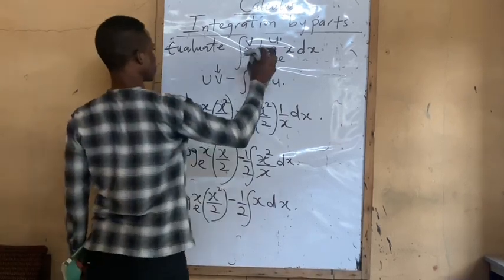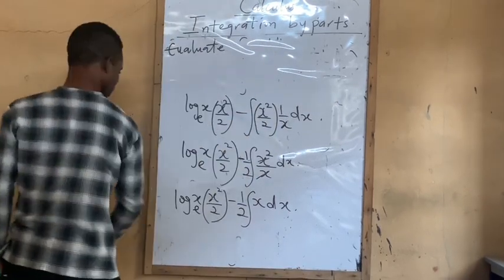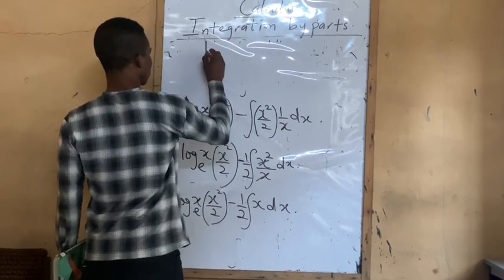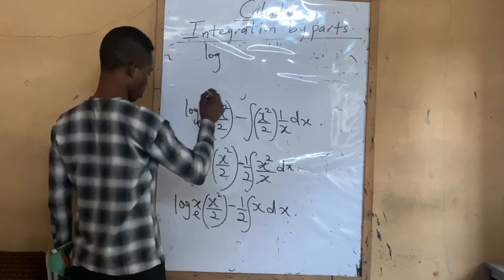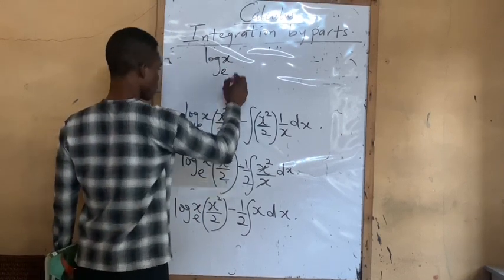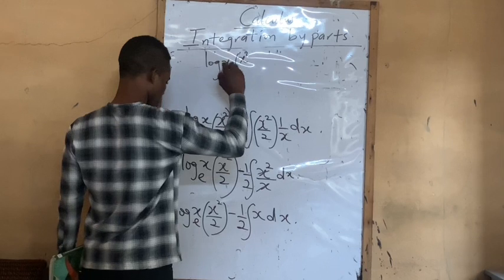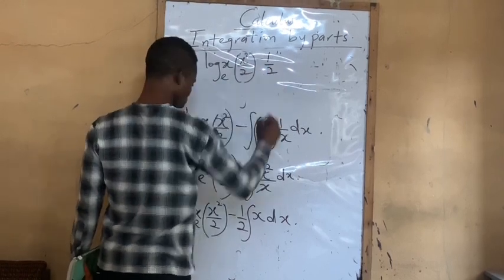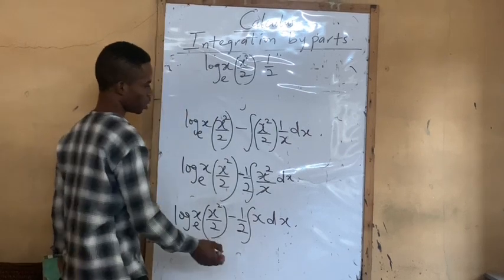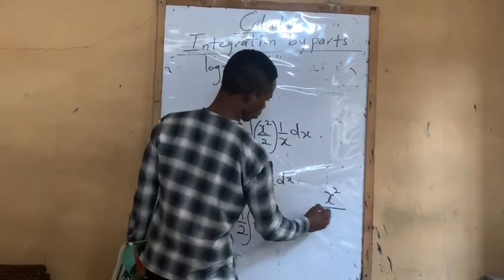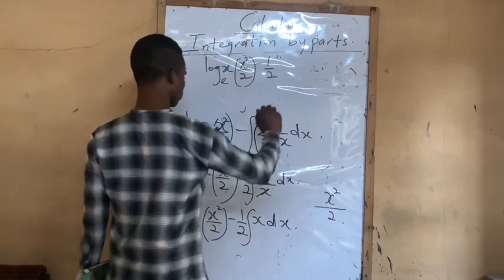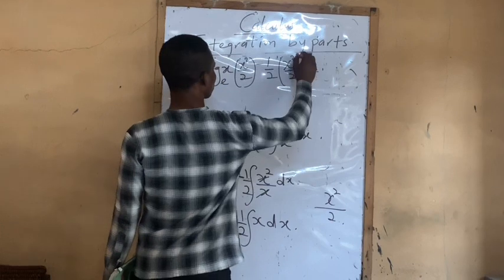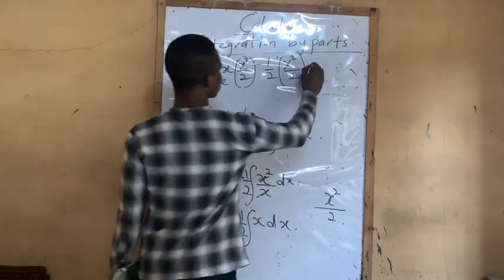So I will now need to integrate this x. So that means log x base e, x squared all over 2 minus 1 all over 2. And what is integral of x? We all know that it is x squared all over 2, plus c.